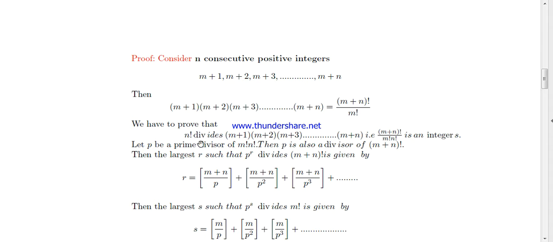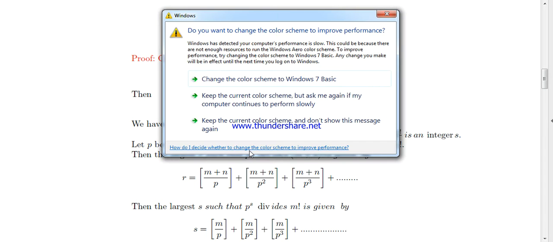So we take, let p be a prime divisor of factorial m into factorial n. তাহলে p হচ্ছে একটা আমাদের প্রাইম ডিভিশন নিলাম factorial m into factorial n.